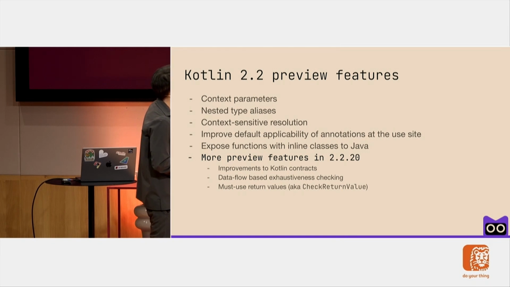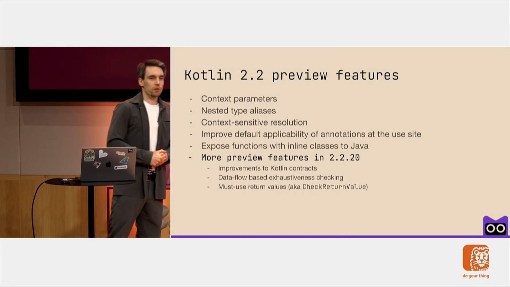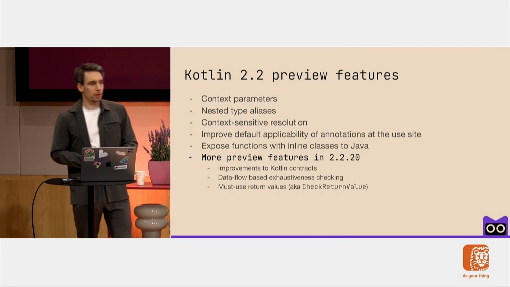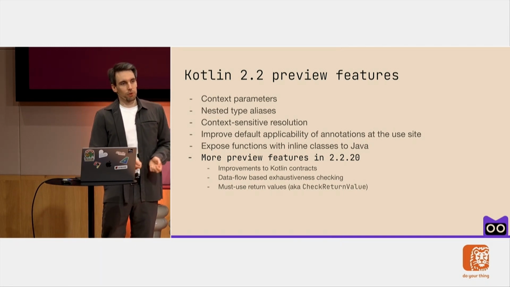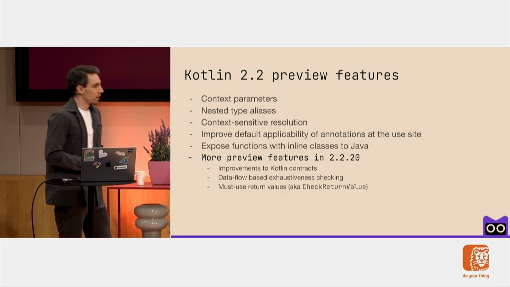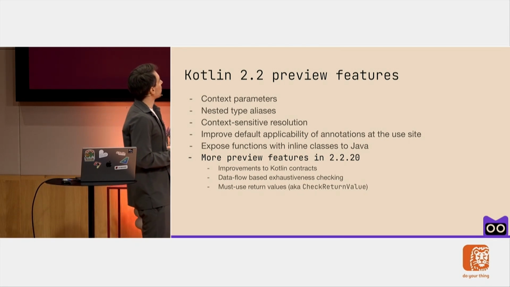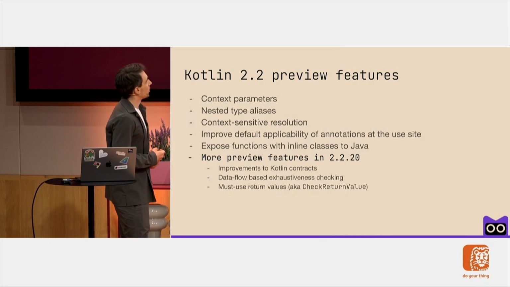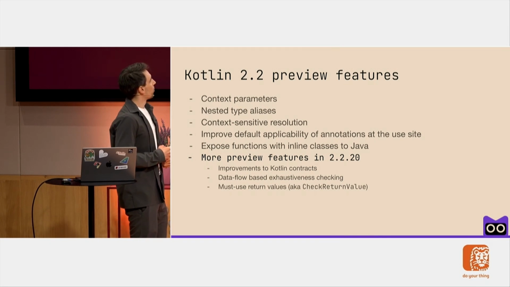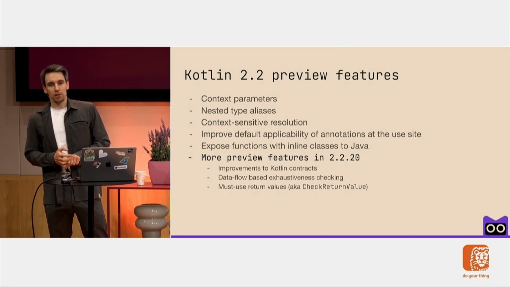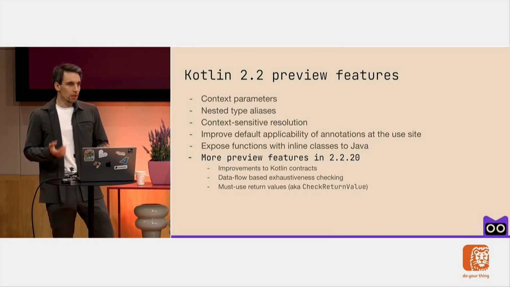But in Kotlin 2.2, we also introduced a few experimental features, or features in preview, that you can try, but you have to enable them via a compiler argument. In 2.2, we also included context parameters, nested type analysis, and context-sensitive resolution. We are also improving how annotations are applied for different targets.